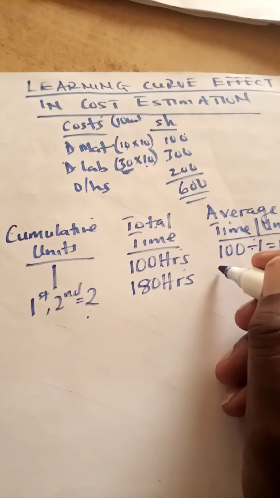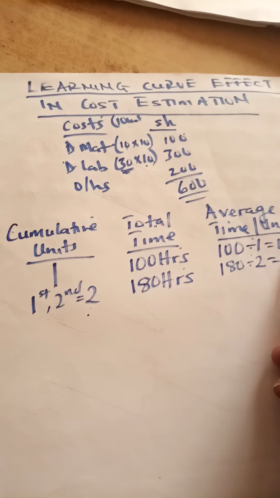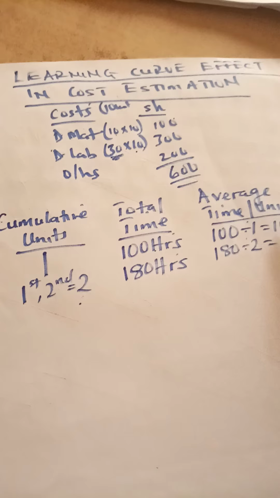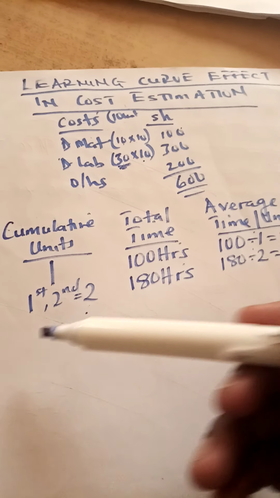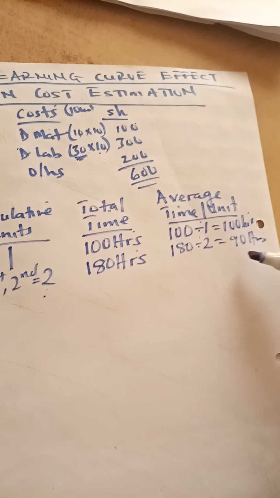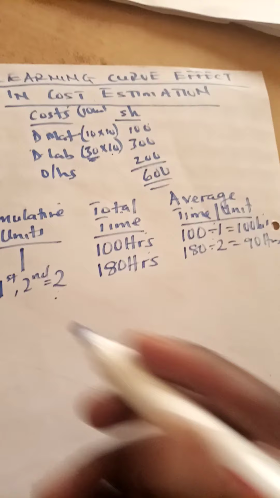And therefore, if you get the average time per unit, 180 divided by 2, that is 90 hours. So you can see something has happened: 1 unit before was taking 100 hours, but the moment they have reached 2, the average time has reduced to 90. Whatever has just happened here is what we are calling the learning curve effect, because they are learning, they are improving as they are making more.